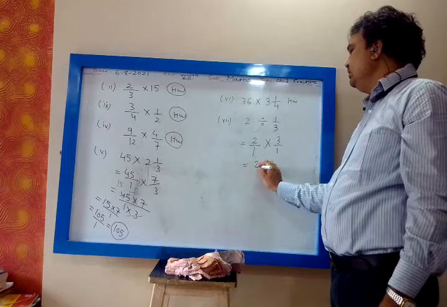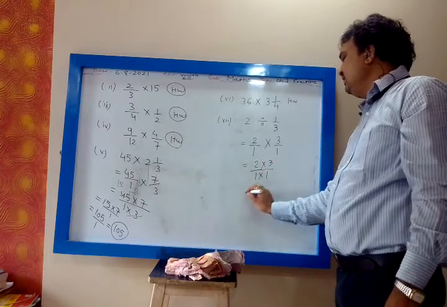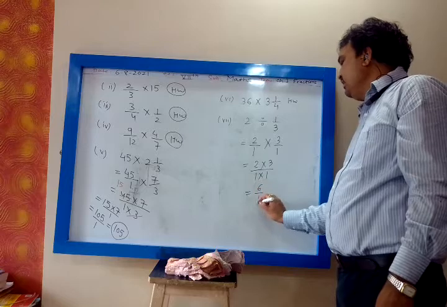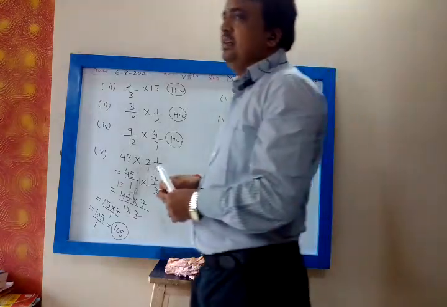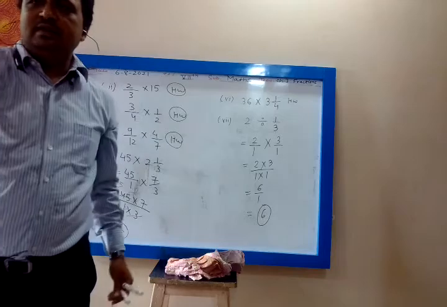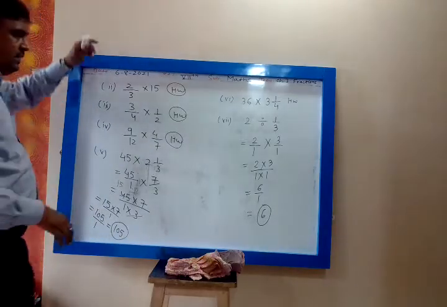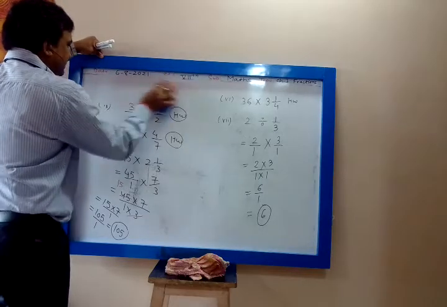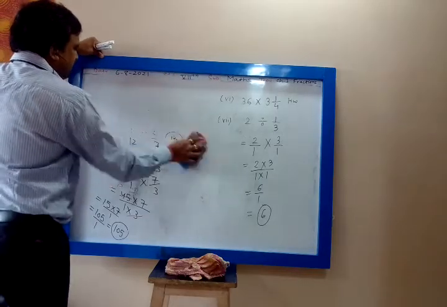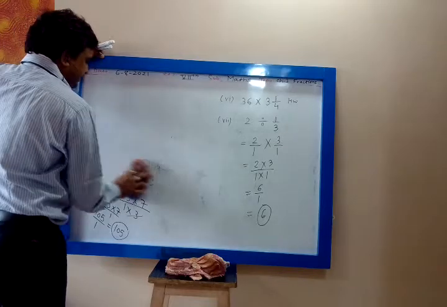So 2 into 3 upon 1 into 1. 2 3s are 6. 6 upon 1. Answer is 6. So whenever denominator is 1, we take numerator as the given number. Whenever it is division, you convert division into multiplication and take reciprocal of the second.